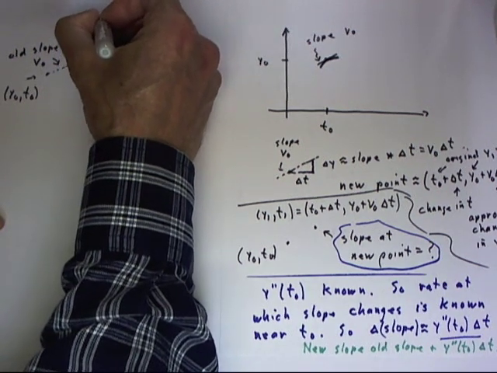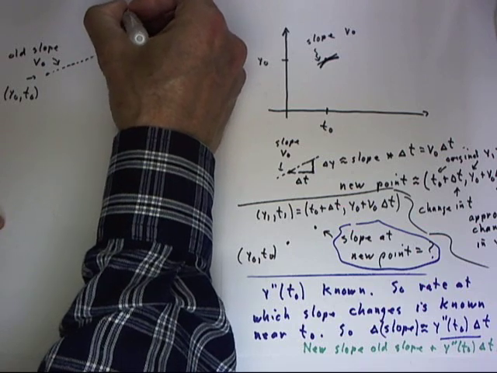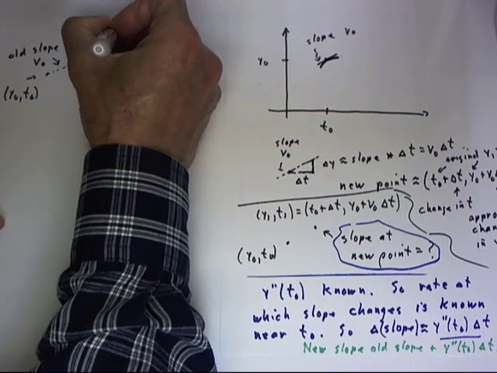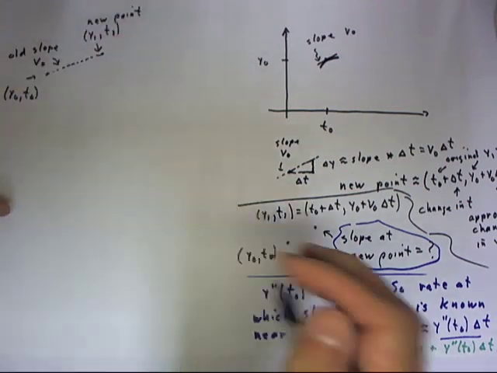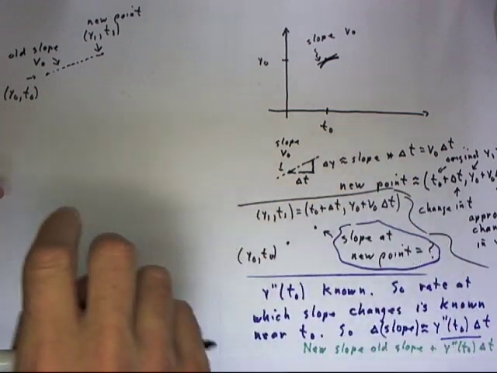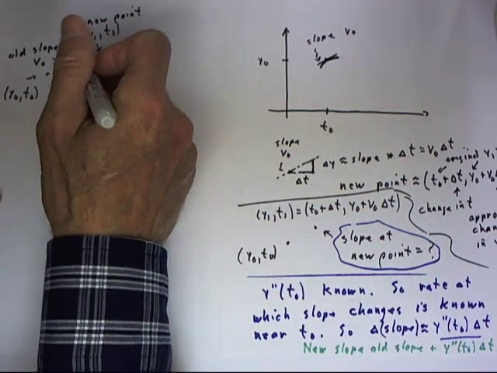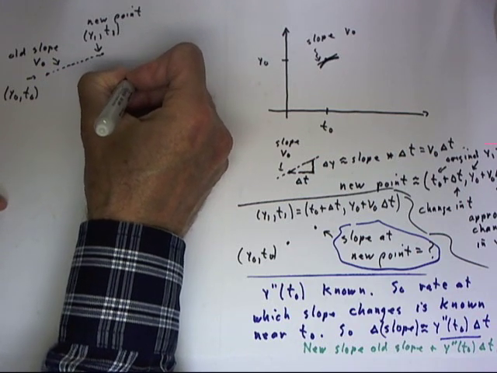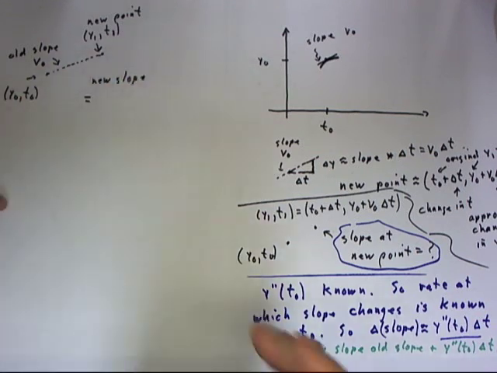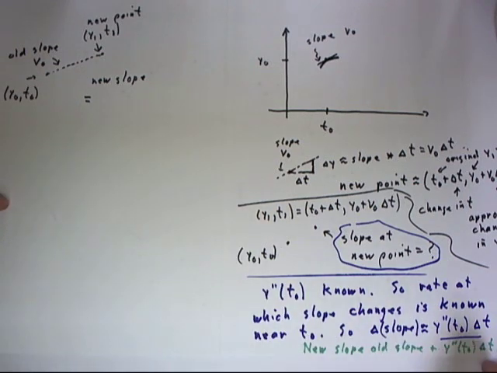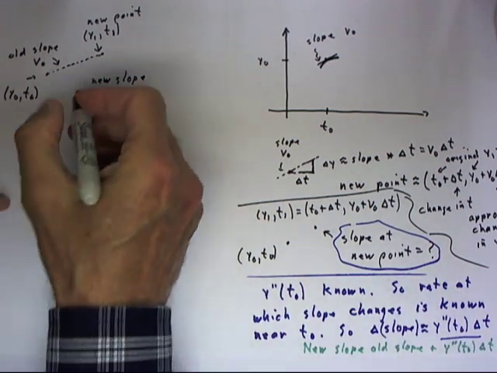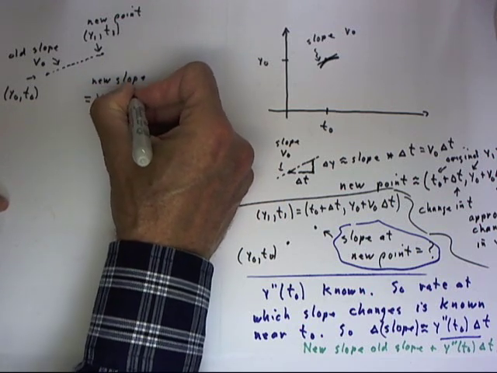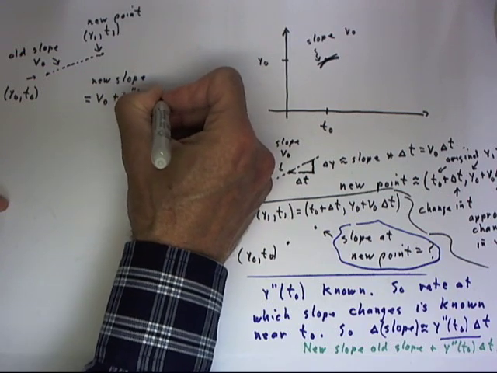We have our new point, y1 t1, which is calculated, as we've seen, approximated. And now we know that our new slope is what? Well, it's our old slope plus the change in the slope. And that's going to be v naught plus y double prime of t naught times delta t.